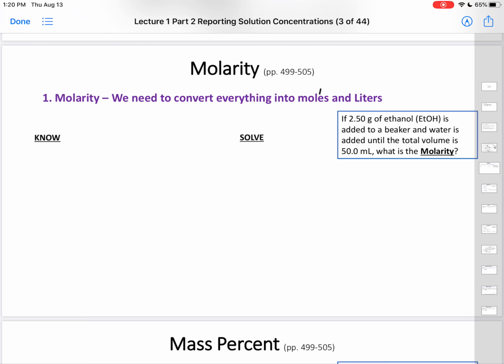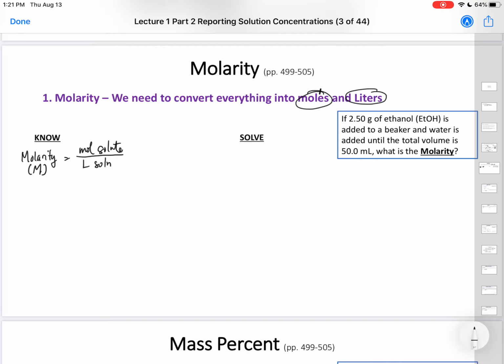It says here, molarity, we need to convert everything into moles and liters, because what we know is that molarity, remember, is the capital M, is equal to moles of solute over liters of solution. Okay, and I will use SOLN as an abbreviation for solution.